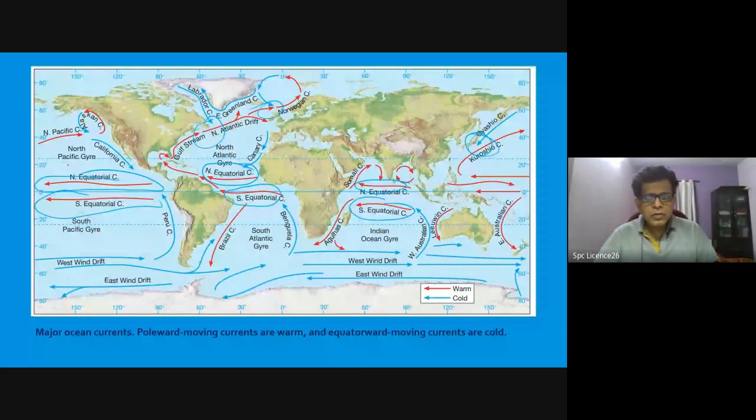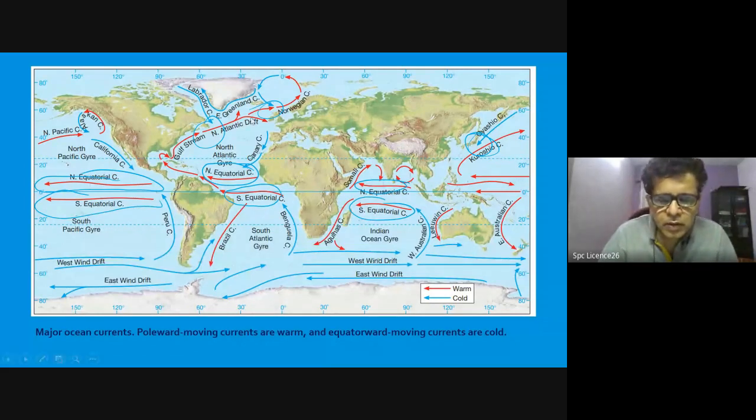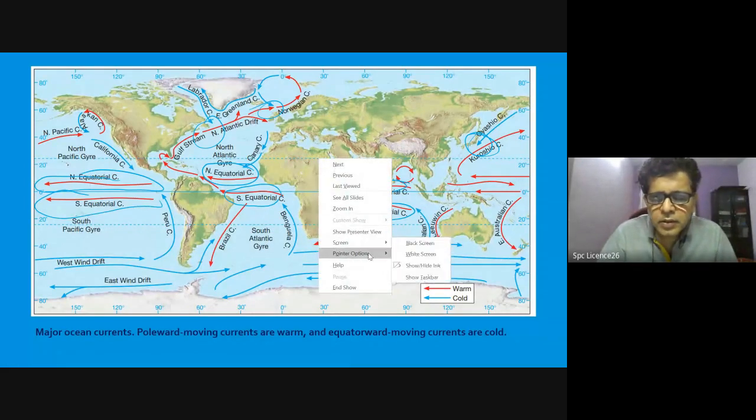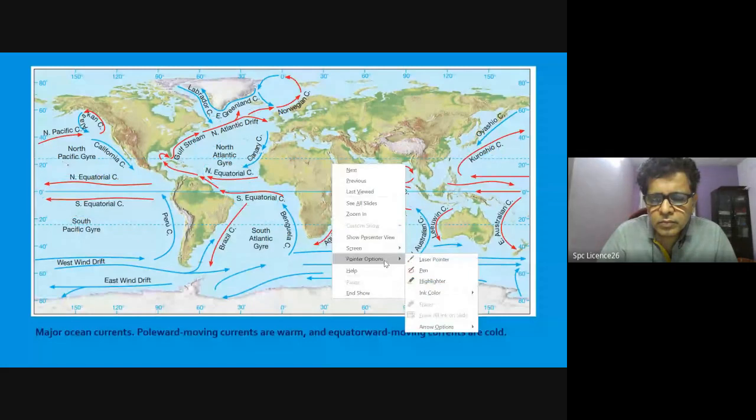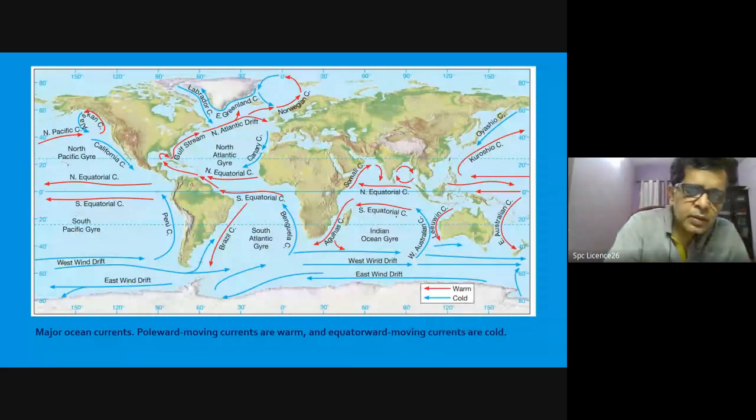A few more logics that we need to understand is while this water is going to move, let me change the ink so that now we can understand it further well. Okay, you'll see that the waters keep on moving in a circular motion. It will start from here and it will come here.